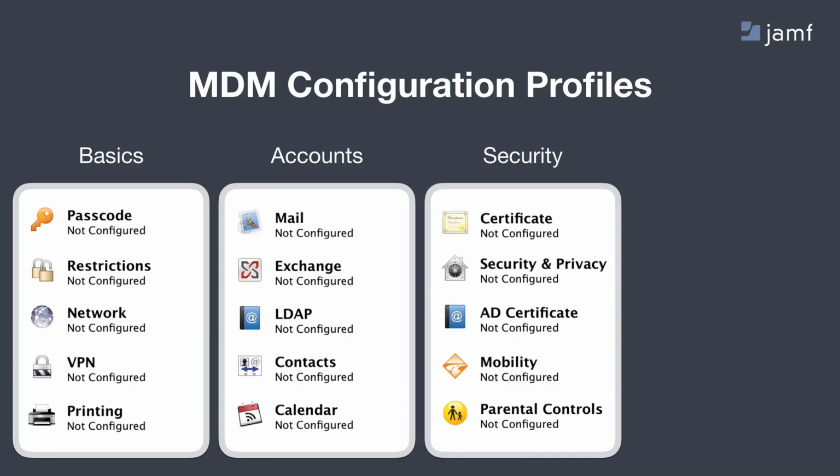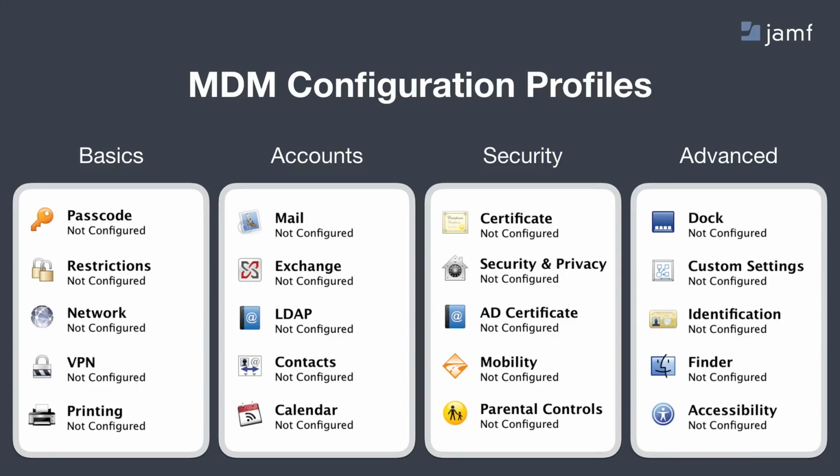You can define some security protocols as well. You can deploy certificates if you happen to use certificates for authentication. Everything that you see under the Security and Privacy pane inside of System Preferences can be configured here. That means Gatekeeper and FileVault. If you're doing directory services, you can bind the Mac as well. And there are some advanced profiles that you can do too.